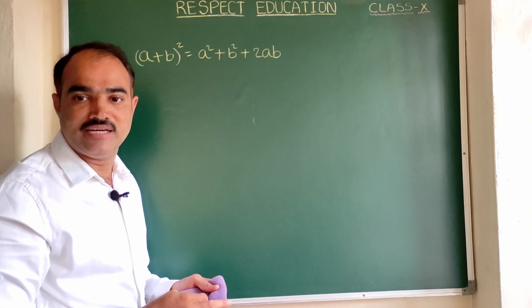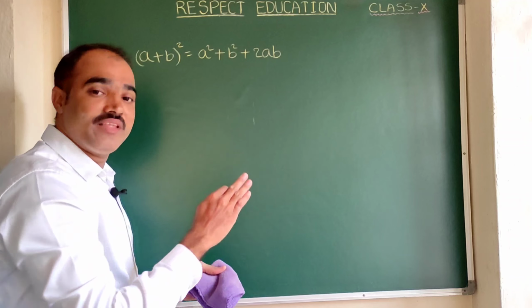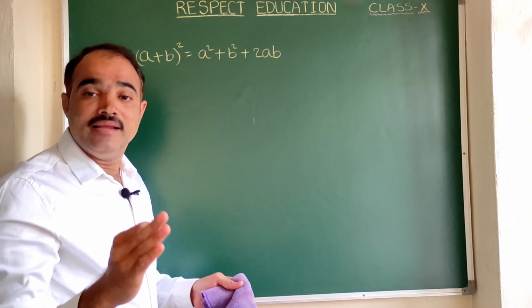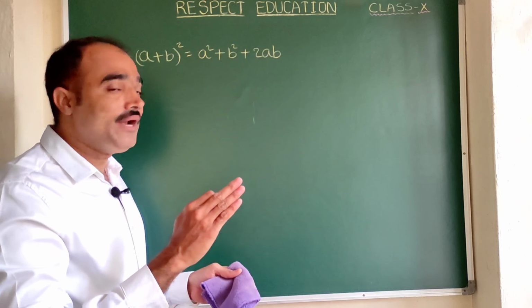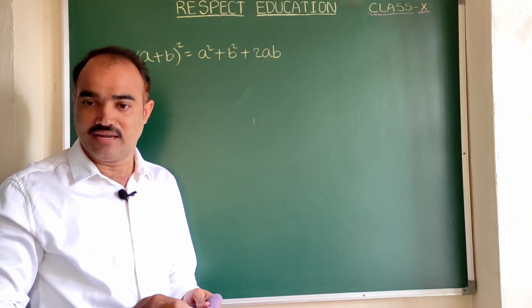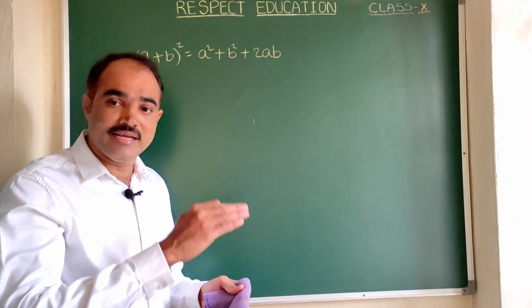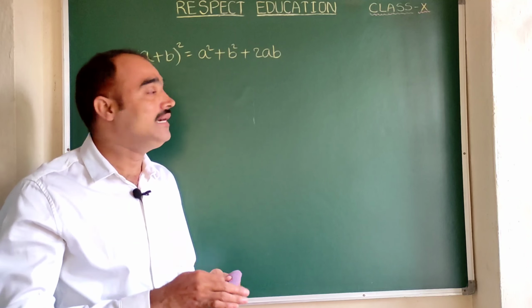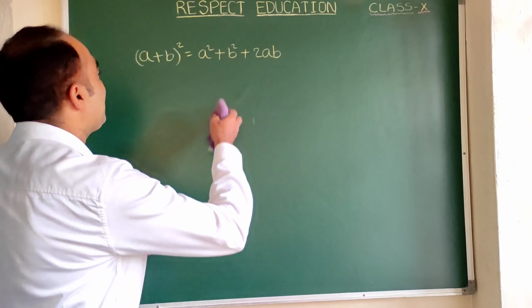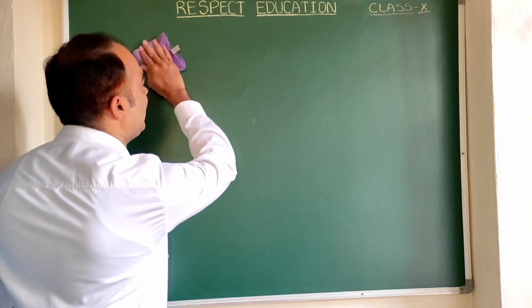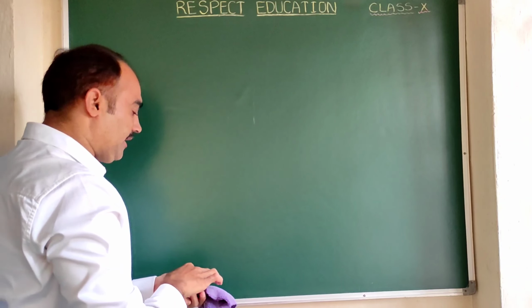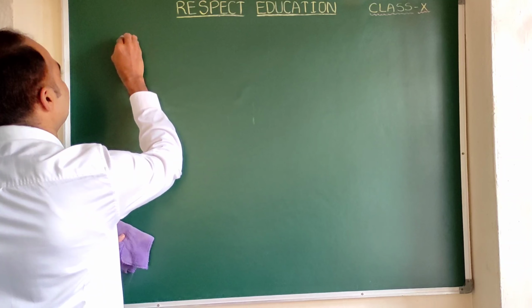Like that, so many identities are there. An identity which contains trigonometric ratios as the variables is called a trigonometric identity. So today we are going to learn about trigonometric identities.